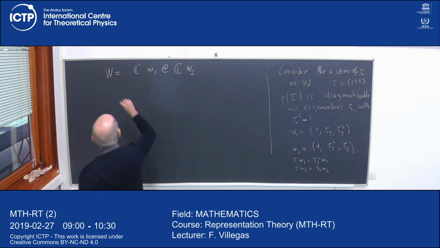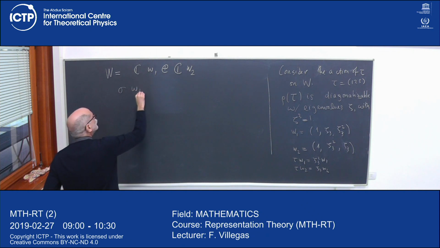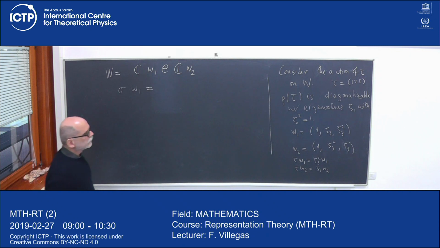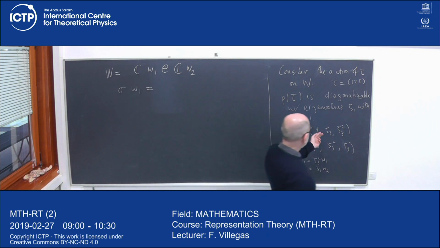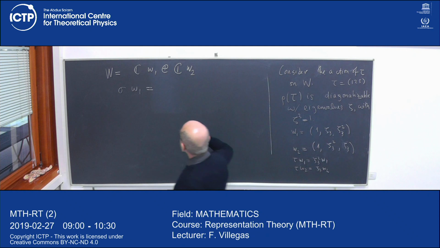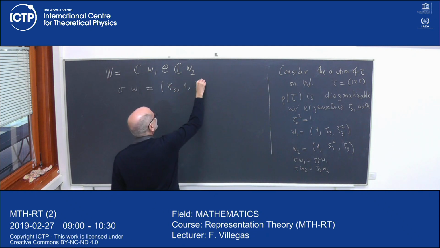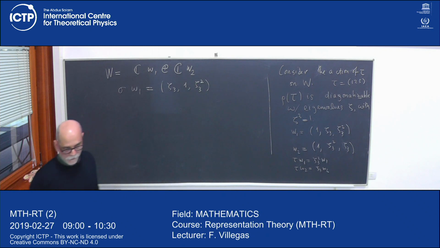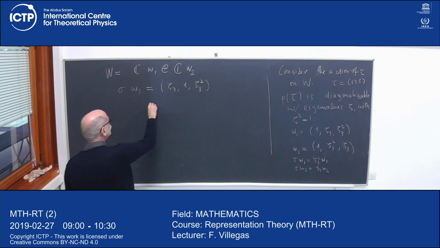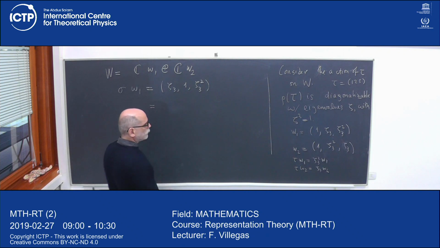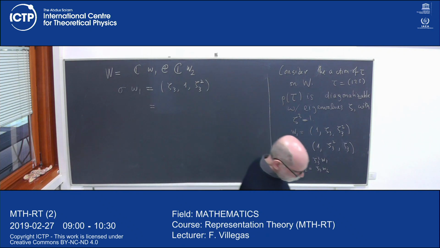So, what is sigma of W1? We permute the first two coordinates. So this is zeta 3, 1, zeta 3 squared. Okay, and this is in the space W. W is a representation for the whole group. And so how do we write this in terms of W1 and W2?